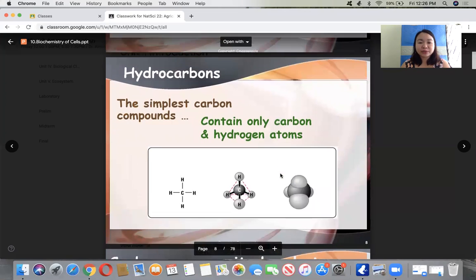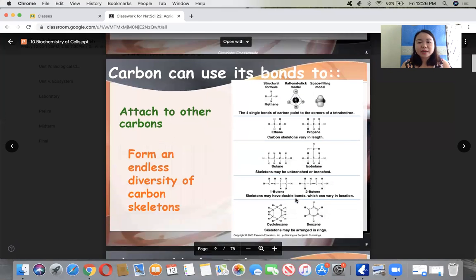So what are hydrocarbons? Hydrocarbons are the simplest carbon compounds and they contain only carbon and hydrogen atoms. We have here the carbon and the 4 hydrogen bonds. Carbon can use its bonds to attach to other carbons and form an endless diversity of carbon skeletons, as shown in here.